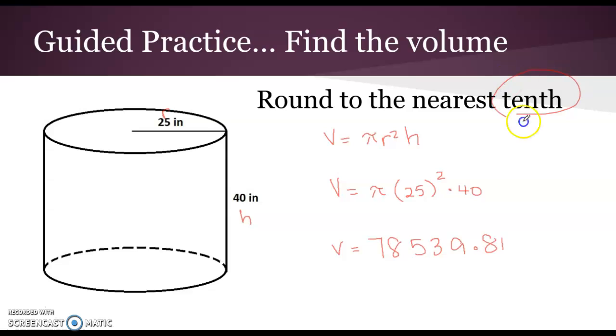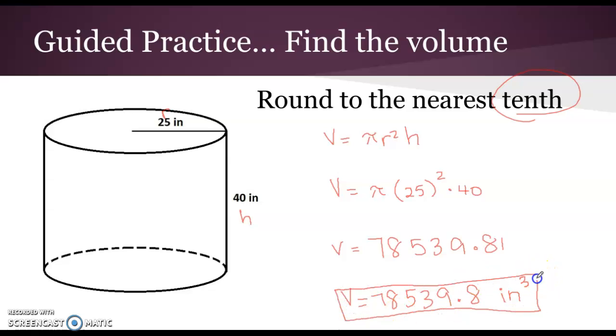Now tenth means one decimal, so my final answer would be 78,539.8. Now don't forget your units. We're working in inches, and anytime I'm doing volume, it's going to be cubed. So when we do area, it's squared. When we do volume, it's cubed.